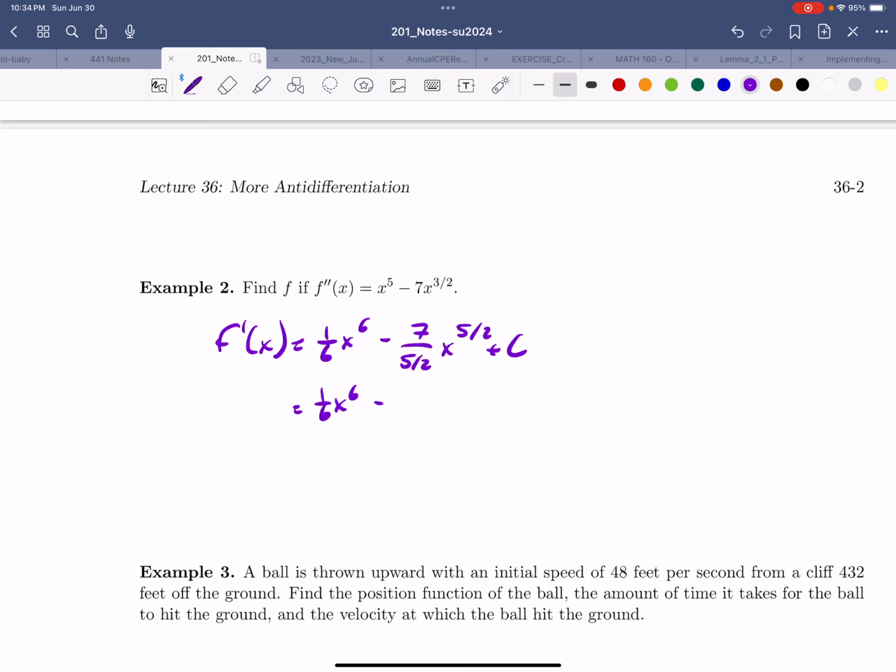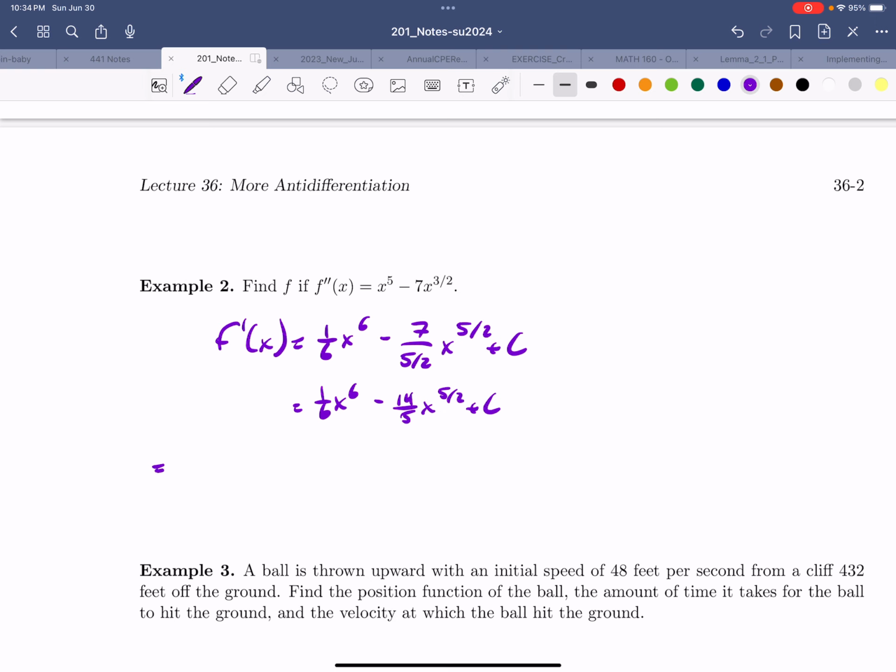I guess we're getting 14/5. All right. And so then that implies that f of x equals 1 over 42 x to the 7th minus, I can't do that in my head, 14/5 times 2/7 x to the 7/2 plus cx plus d, right?